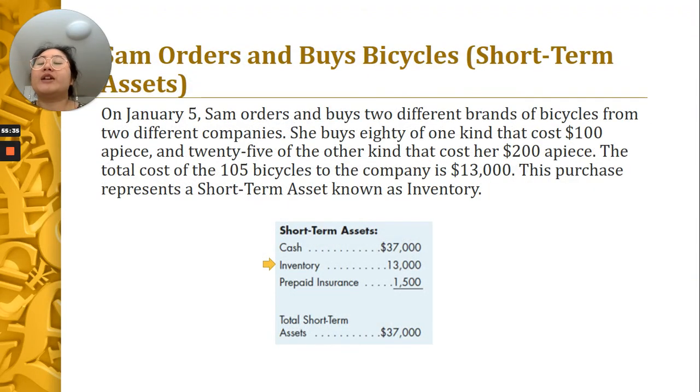Okay, for the next one, Sam orders and buys bicycles. Sam runs the business.